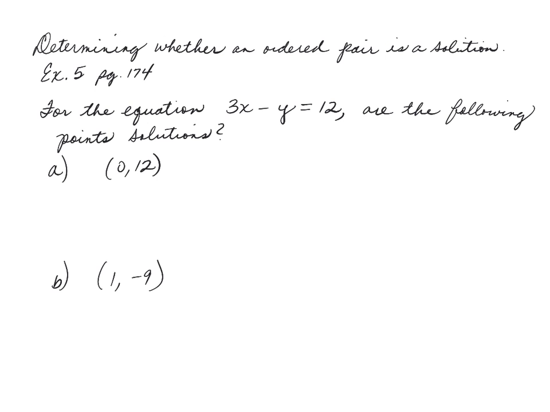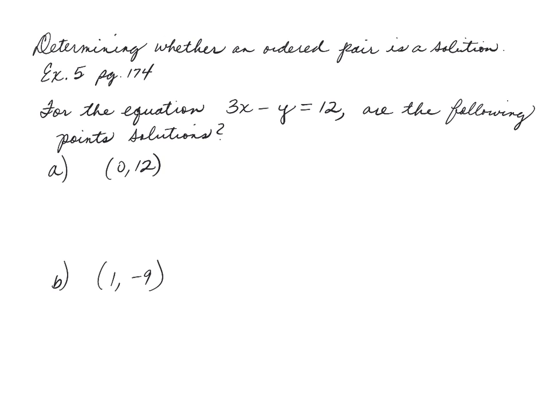Now we want to determine whether an ordered pair is a solution. This is from example 5 in your textbook on page 174. What we're going to do is plug the x and y values from the points into the equation to see if it makes a true statement.